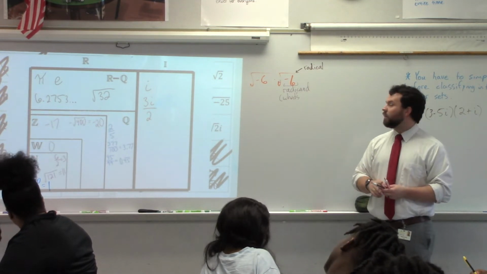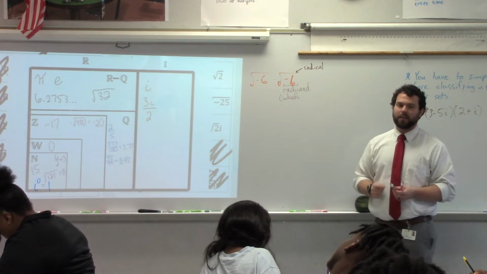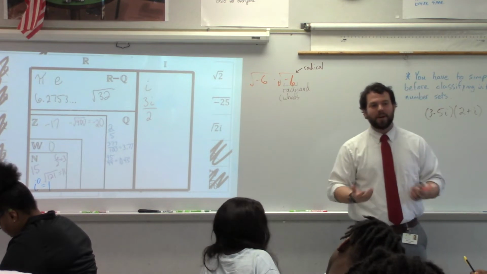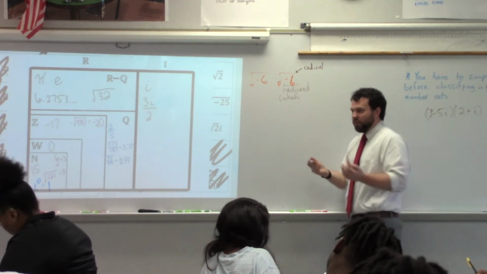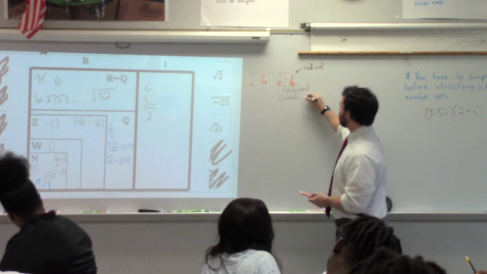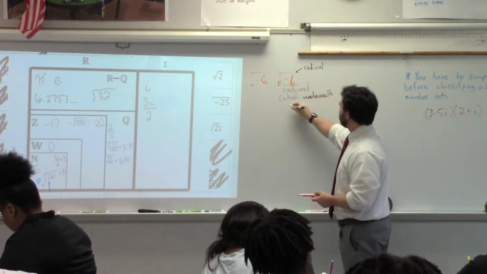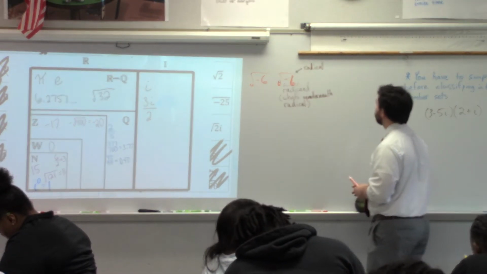Because is it easier to say radicand, or is it easier to say the thing that's underneath the radical? Radicand, right? It's not just like, oh, we're making things up. It's to consolidate our language to be able to communicate more effectively. That's what language is, right? So radicand, that's what's underneath the radical. Okay.